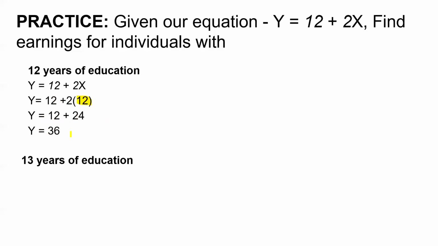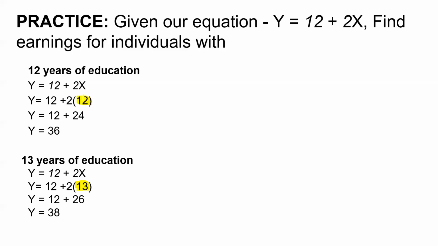What about for 13 years of education? If someone has 13 years of education, we start with our same formula. We plug in 13 here for 13 years of education. And we find, when we do our calculation, that y is equal to 38. For someone who has 13 years of education, their salary is $38,000.